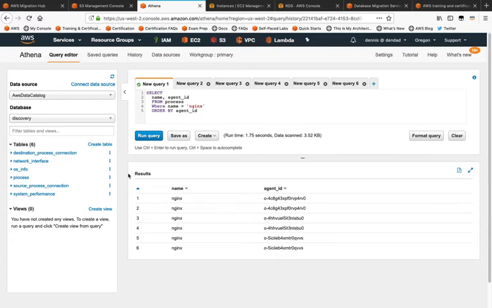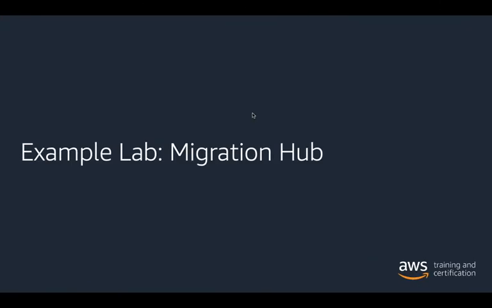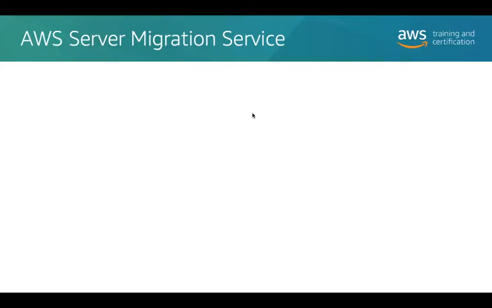So I've got a process running the Nginx server, and it looks like I've got about 6 machines that are running that particular server, and that will help me in my migration planning. So that's Migration Hub, which is one of the labs that we cover during the course.